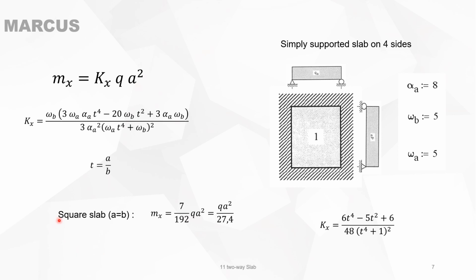For a square slab, of course, t is equal to 1, and then you obtain again Q a squared over 27.4. This is an easy method to check very quickly with an Excel file the order of magnitude of the expected sagging bending moments in a square isolated slab.